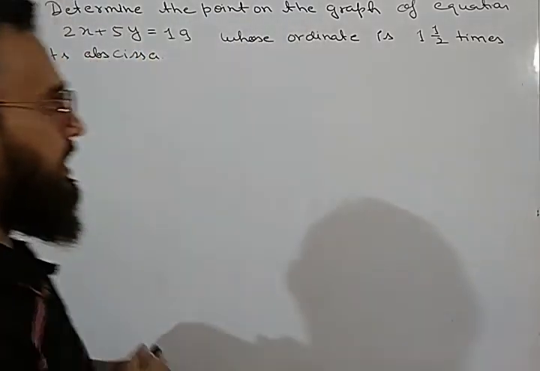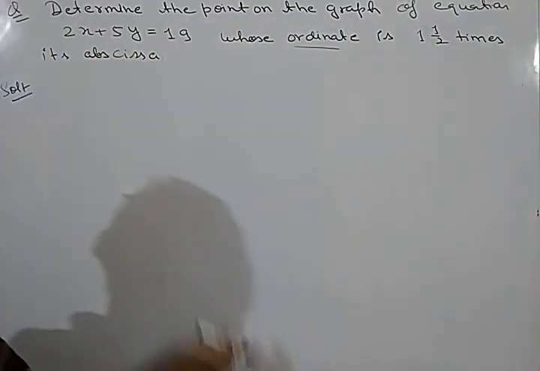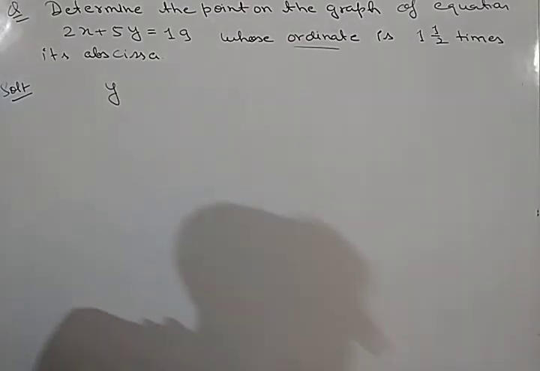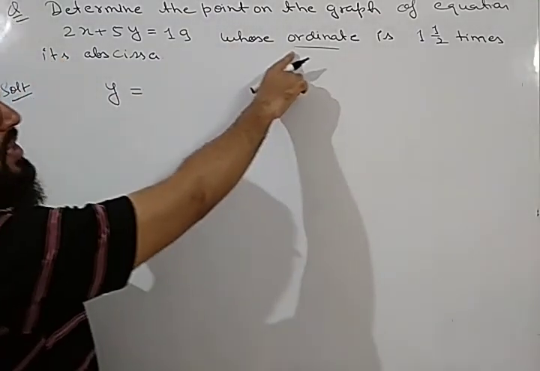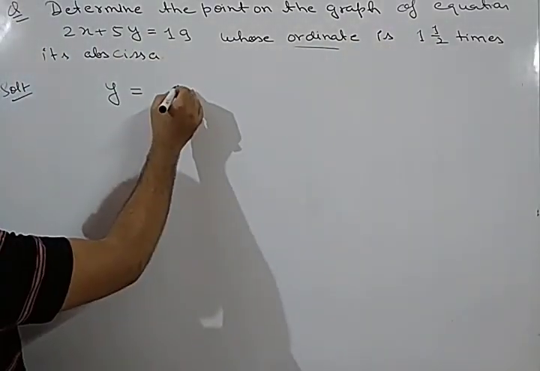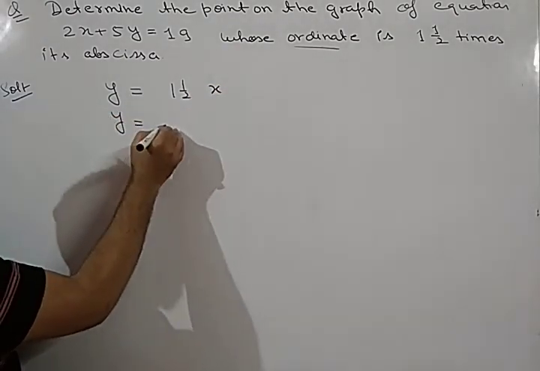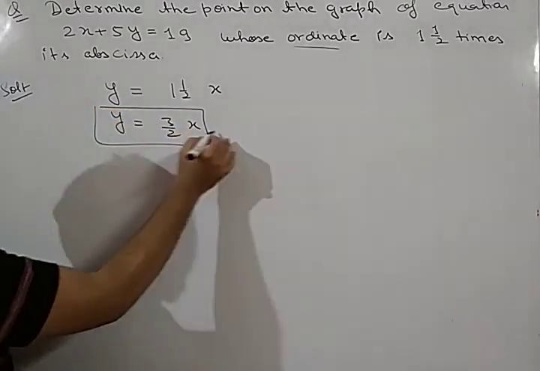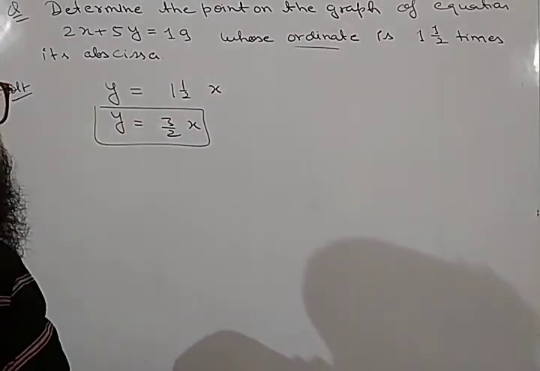Ordinate means y coordinate, and abscissa means x coordinate. The condition given is that ordinate is 1.5 times its abscissa. It means y is equal to 1.5 times x, or we can write y is equal to 3 by 2 x.